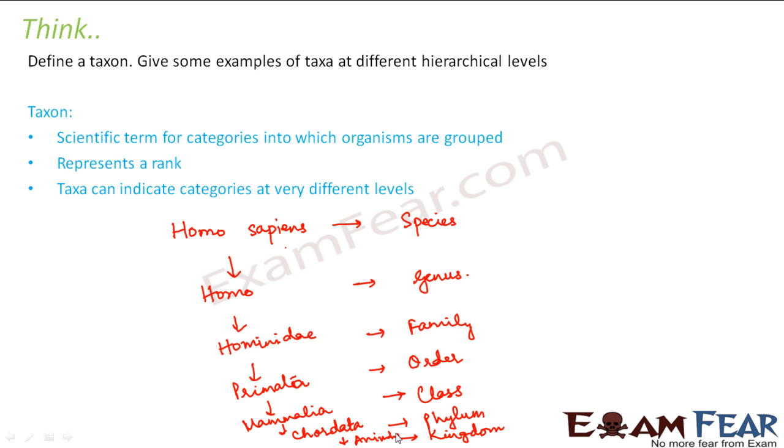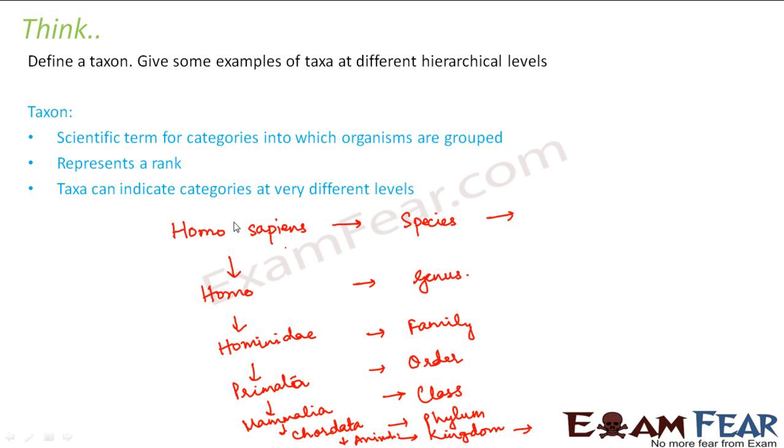So now, when I talk about each of these levels, this is the lowest level and this is the highest level. But each of these levels indicates a taxa. So taxa exist at different levels. When I say Homo sapiens, when I am talking about the species, human beings themselves define a category.